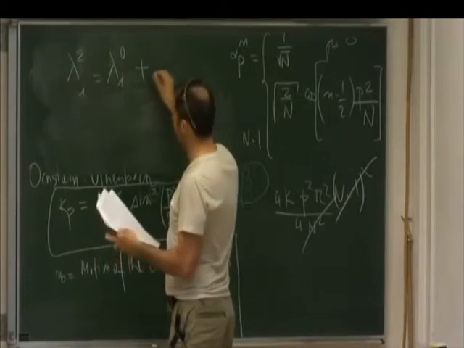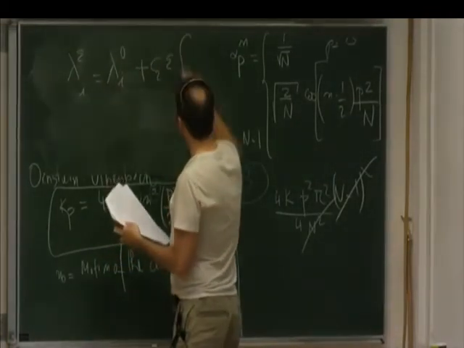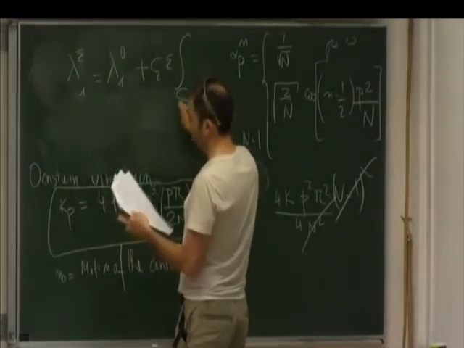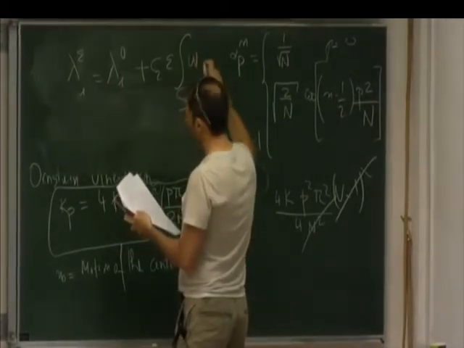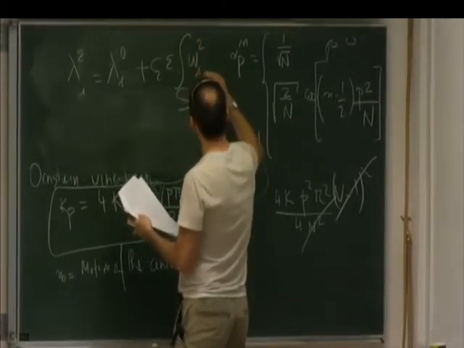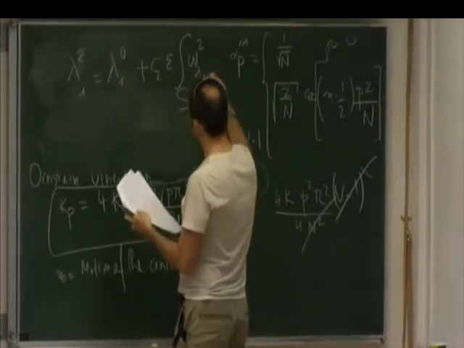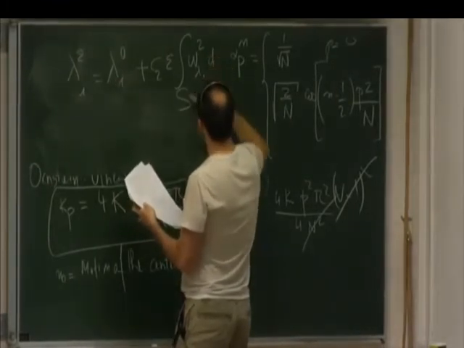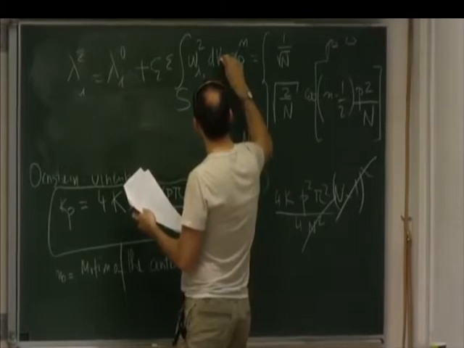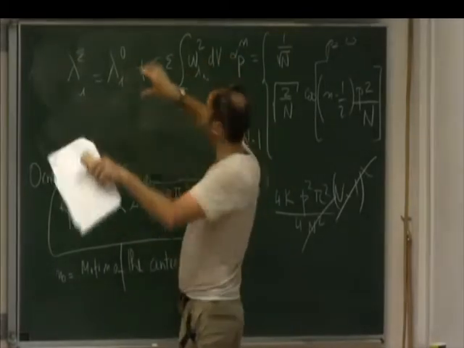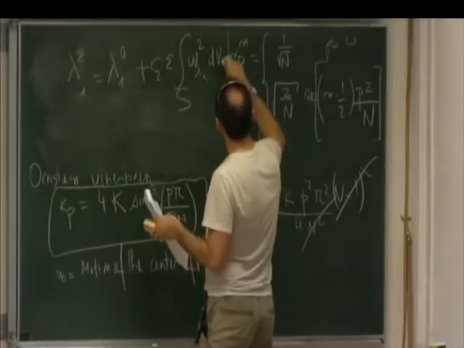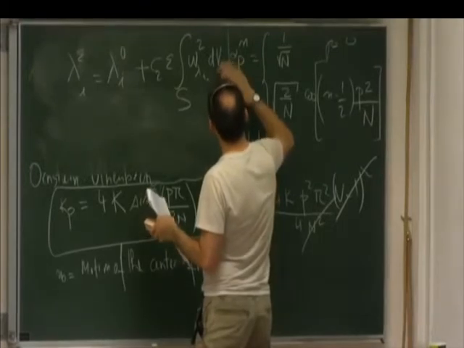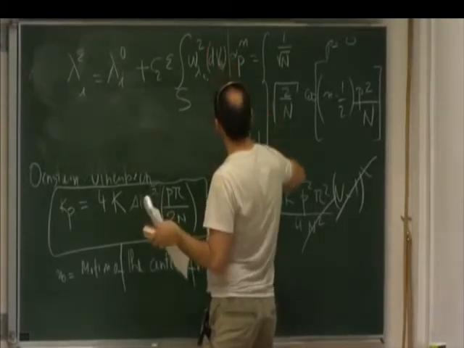This is a perturbed one. C2 epsilon integration over S of the eigenfunction squared for the associated eigenvalue, integrated over S. So this is really the volume induced on your submanifold. I don't know how to write this, but this is the dV on S. So S is the part you removed?